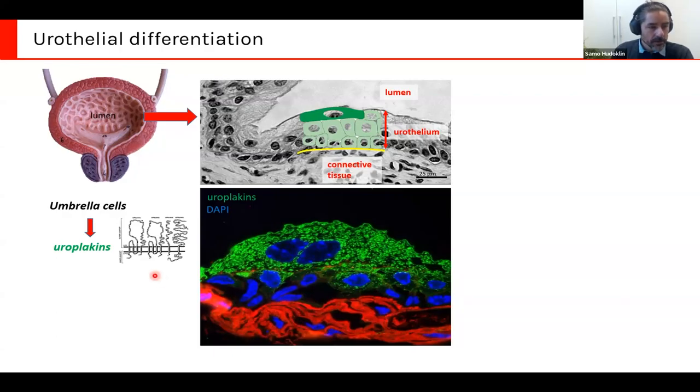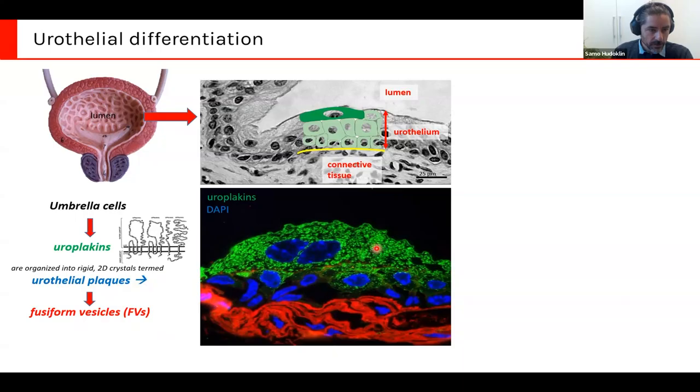So those uroplakins assemble quite well-organized structures called urothelial plaques. And those plaques actually line the apical surface of the umbrella cell and also form fusiform vesicles inside the cytoplasm of umbrella cells.